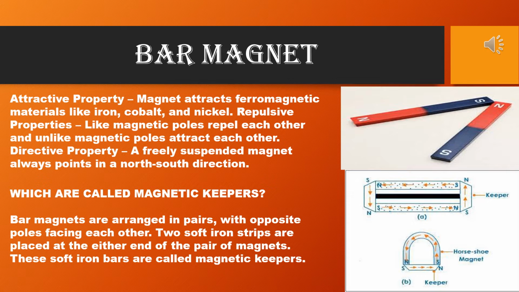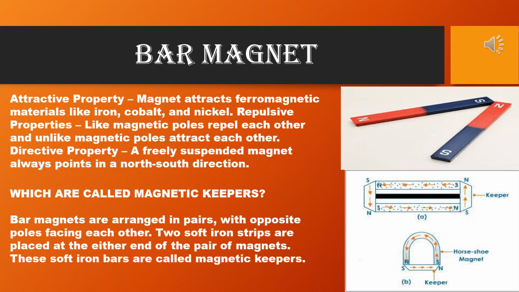See, I have given in the first diagram two bar magnets, a clear picture, which are called magnetic keepers. Bar magnets are arranged in pairs with opposite poles facing each other. Two soft iron strips are placed at either end of the pair of magnets.